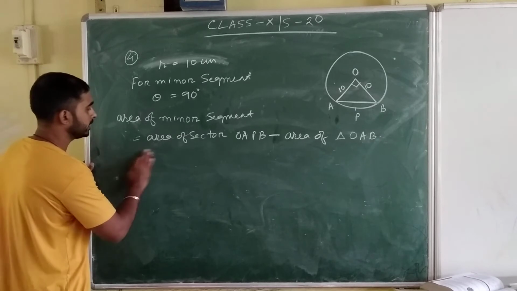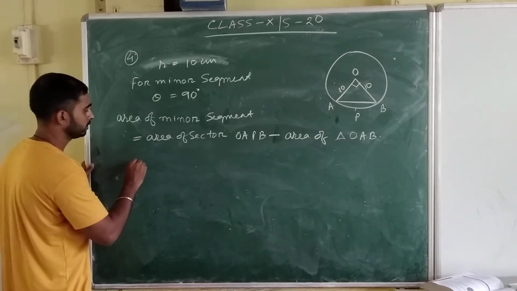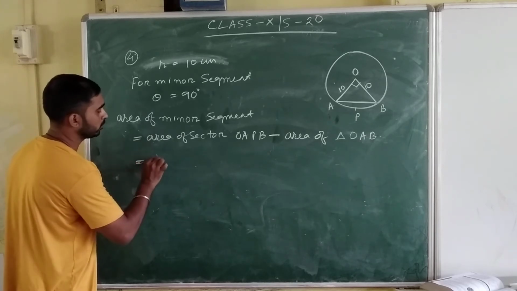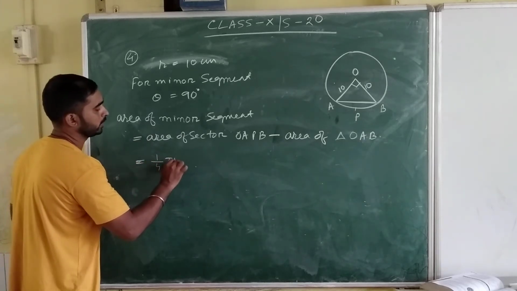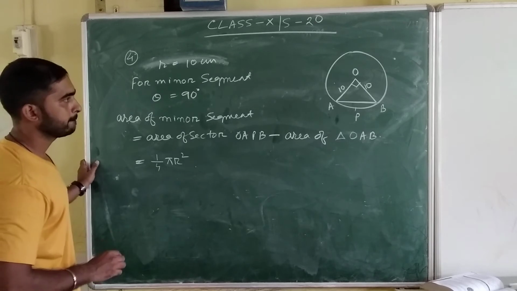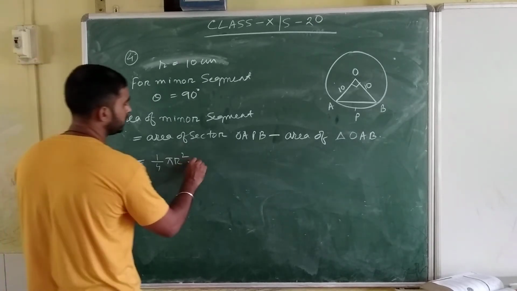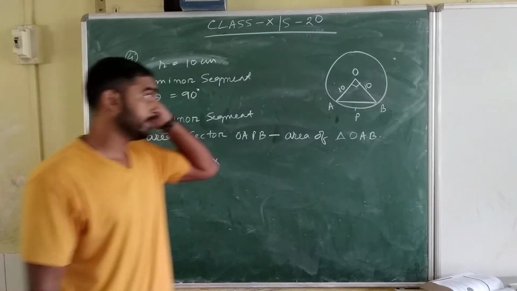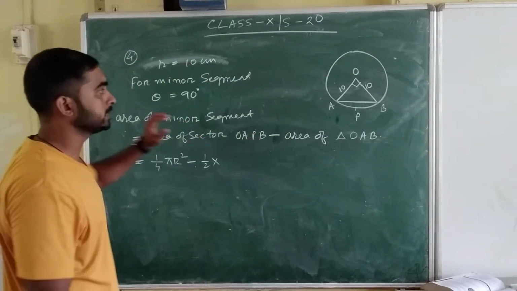Now area of sector equals how much? For 90 degrees, a quadrant, it is 1/4 pi r square, minus area of triangle. Since it is a right angle triangle, it is directly half into base into height.